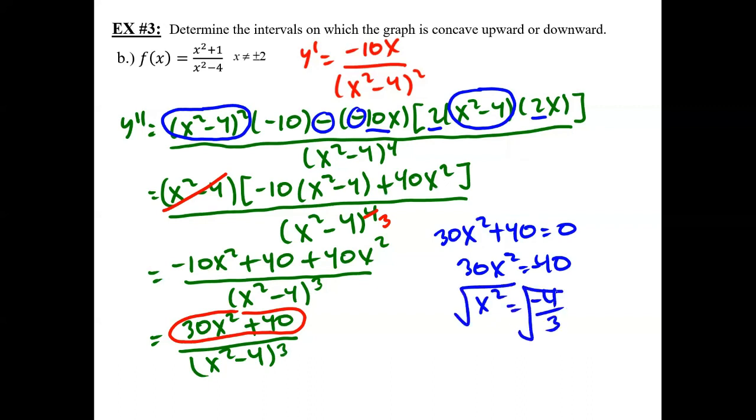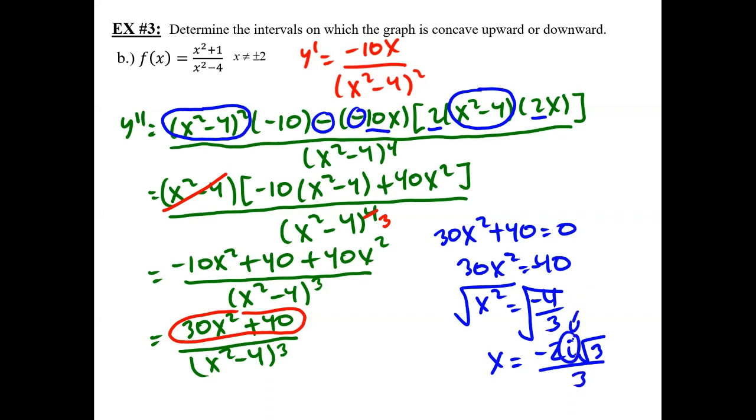Square root niya, we have x is equal to, I'm sorry, it should be negative 2i, wait lang, it should be 2i square root of 3 over 3. As you can see, meron tayong imaginary point.